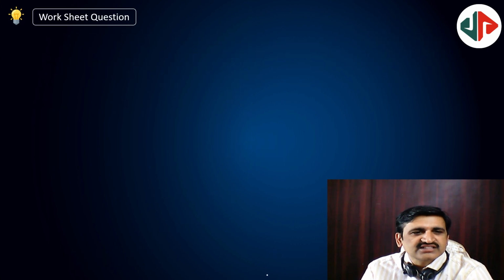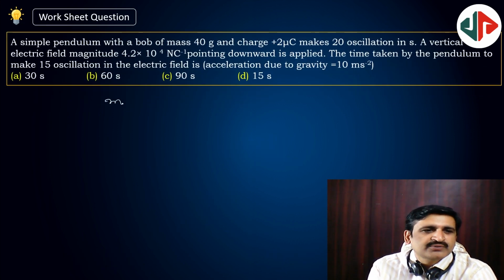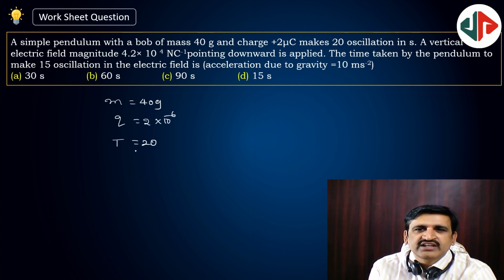Yeah, next. Simple pendulum with a bob of mass m equal to 40 gram, charge Q equal to 2 microcoulomb, and making oscillations, 20 oscillations in a second, that means frequency, oscillations per second.